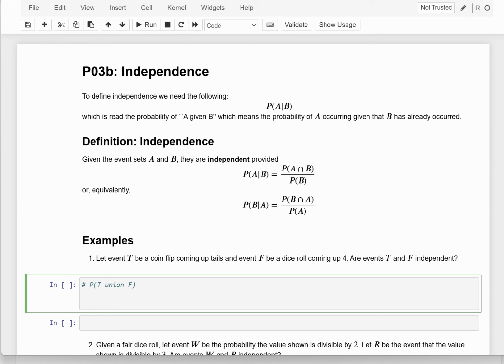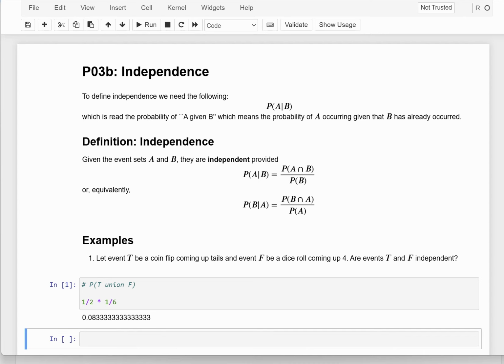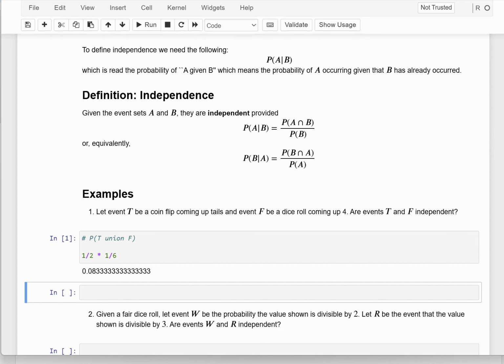The probability of T and F is 1/2 times 1/6, right? The probability of T is 1/2. The probability of F, the dice roll coming up 4, is 1/6. They are independent. And these are two independent probability experiments, so we're multiplying, not adding. So it's not quite the same formula that we're looking at with inclusion-exclusion, and that's an important point to draw.